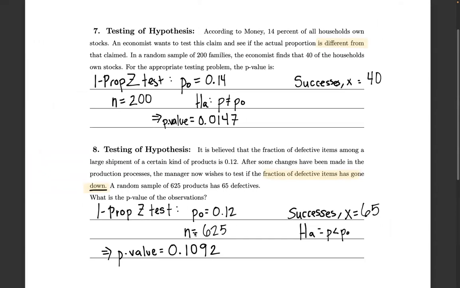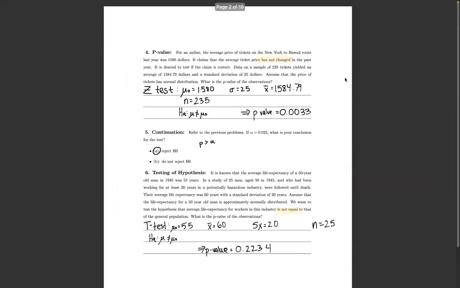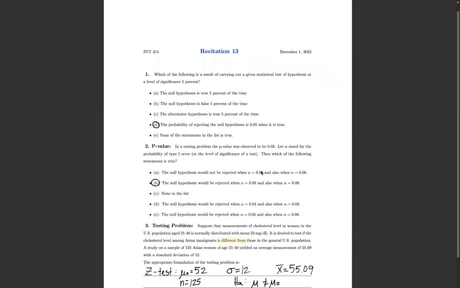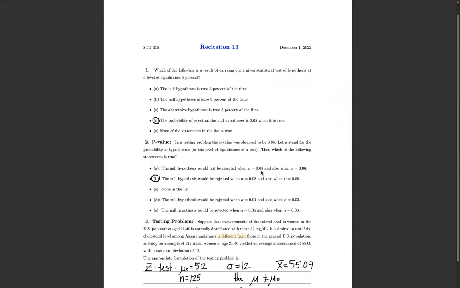So to summarize, when I go through these questions, I always look for the keywords when I'm trying to decide what my alternative hypothesis would be. Am I having words that say has gone down, or less than, or greater than? Or am I going to be in the not equal case where I have keywords like is different from, or, if I look in the previous pages, where is it?